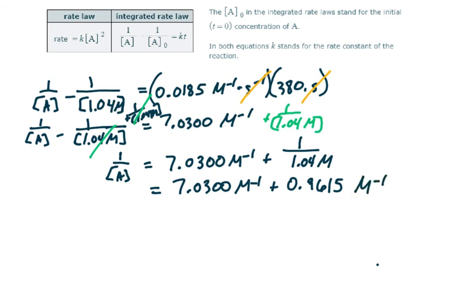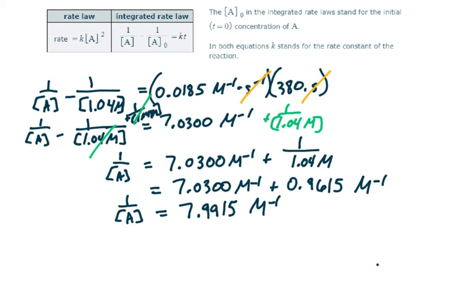So they add together perfectly. See the units? They add perfectly. So when I add those two together, plus 7.03, I get 7.99. Let's take it to 1.5. We won't round it more than that. The units, M to the minus 1. I have 1 over A, the concentration of A at that specific time.